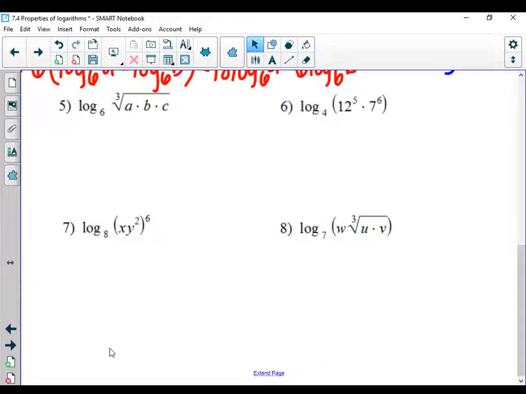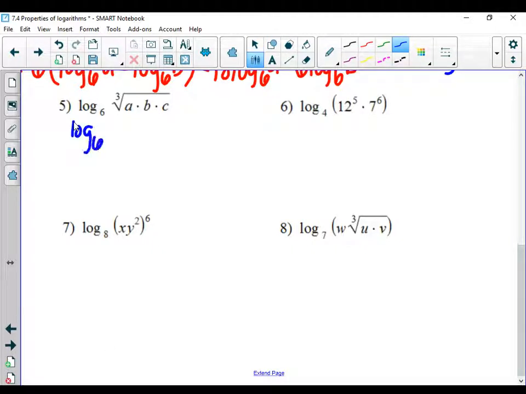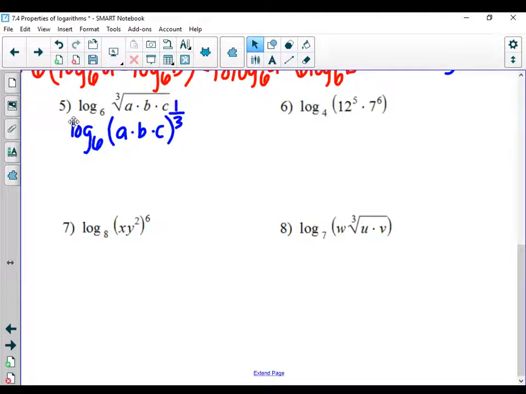When we see the cubed root of a times b times c, we're going to change that to log base 6 of a times b times c raised to 1/3. Remember, cubed root is 1/3, square root is 1/2. So go ahead and try 5, 6, 7, and 8.